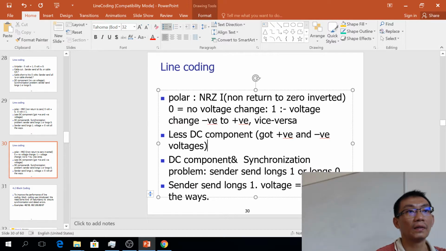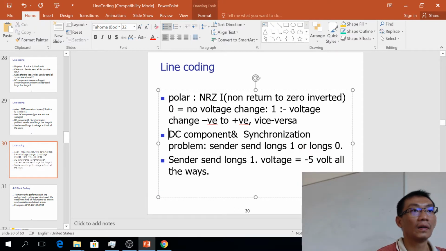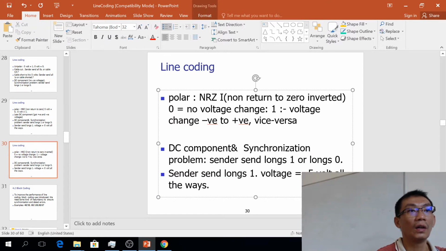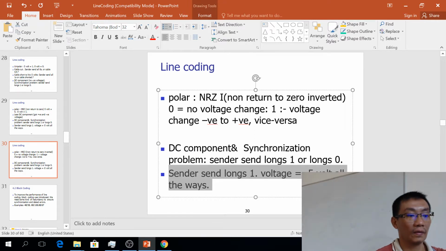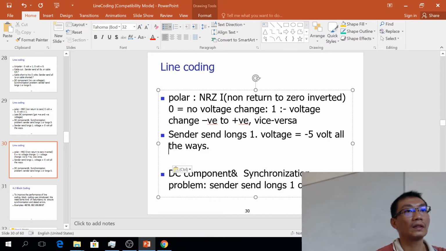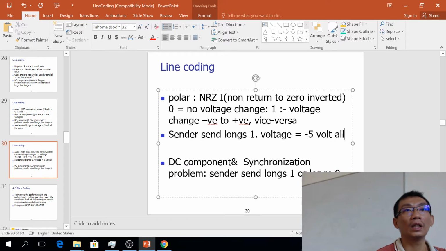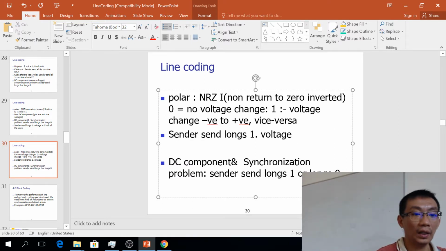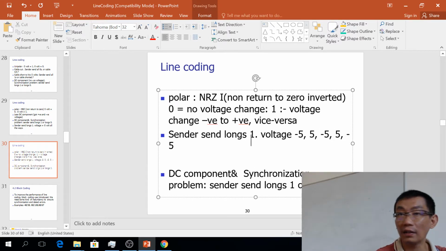So you still have DC. If the sender sends long 1s, what will be the voltage? The voltage will be negative 5, 5, negative 5, 5, and so on.